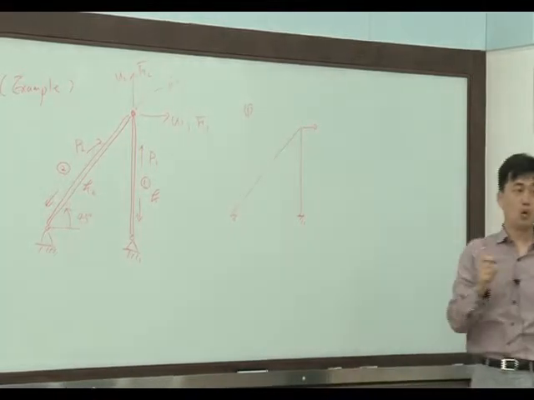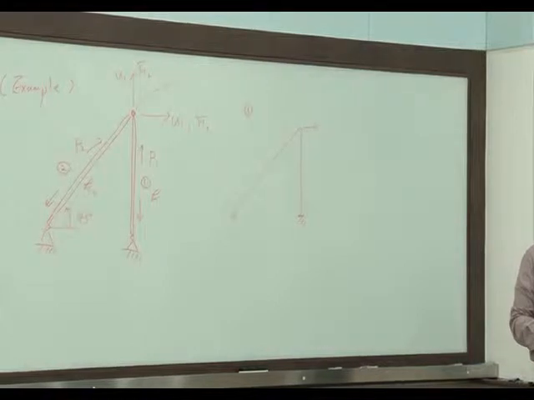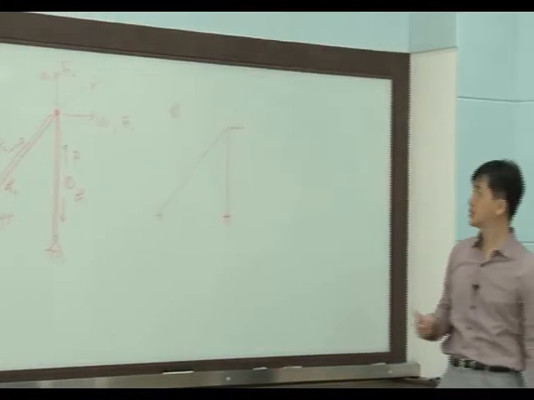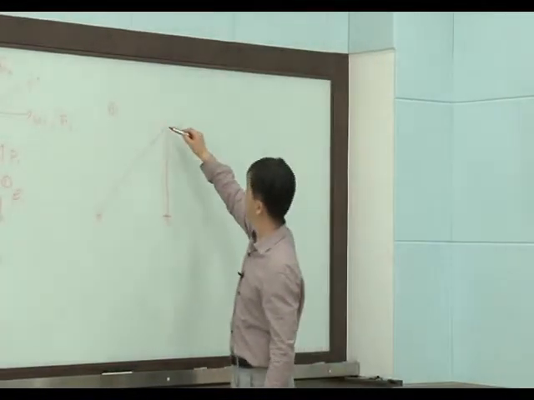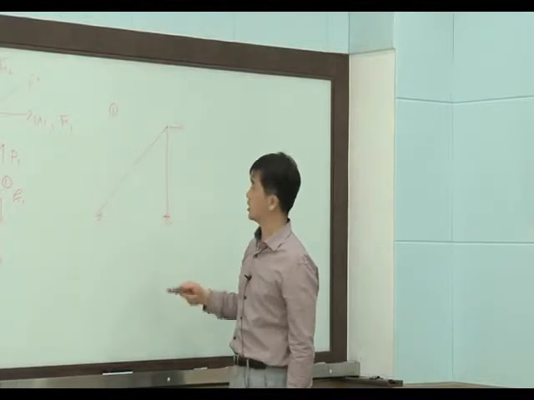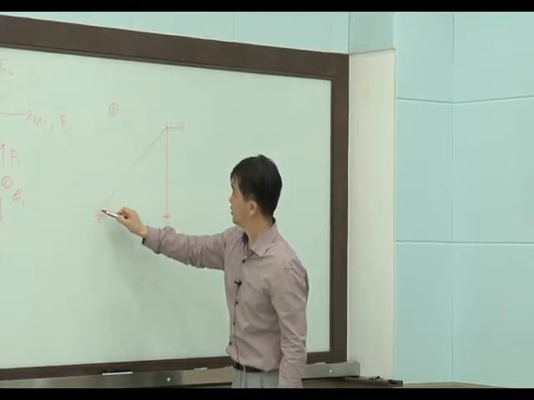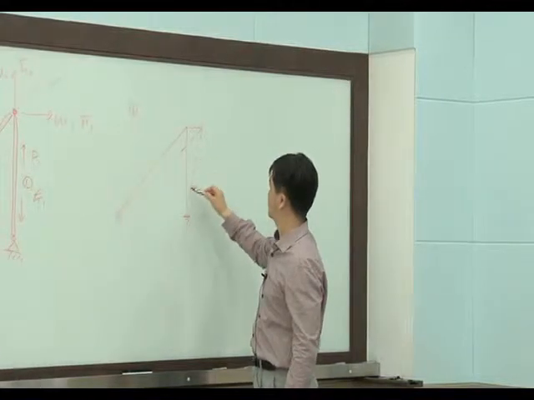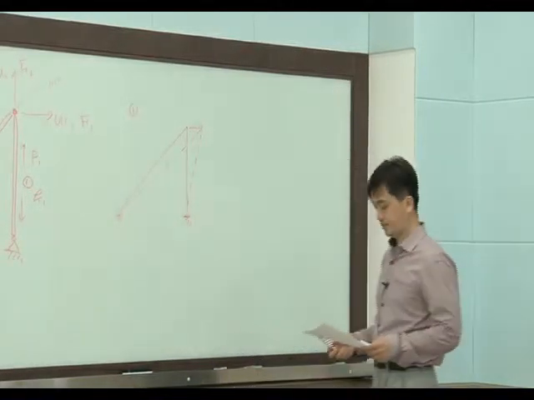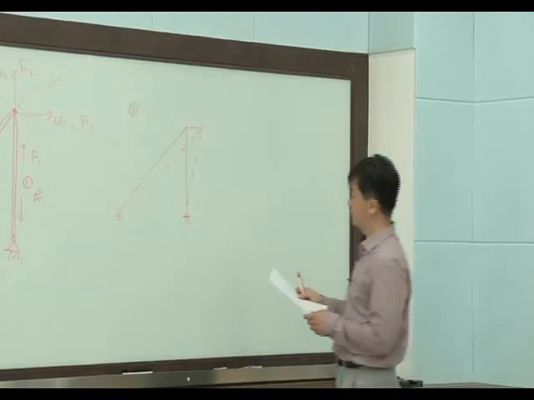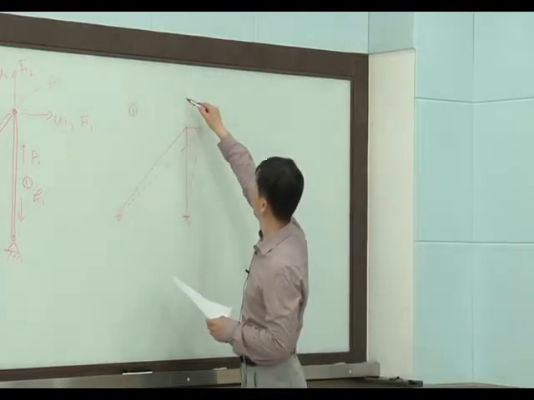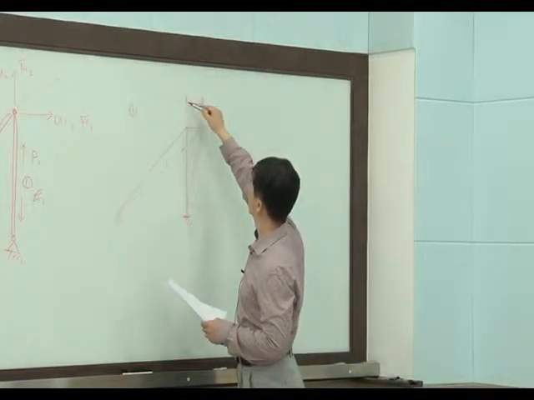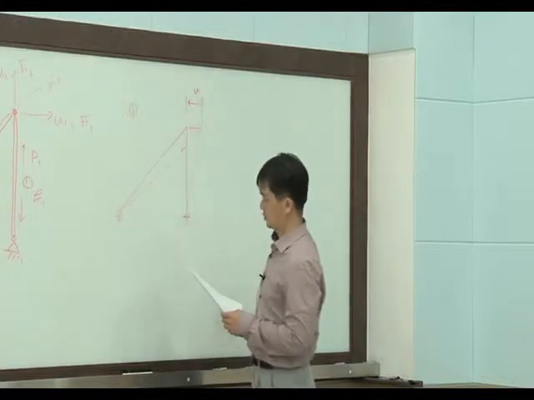We have only displacement in the x direction. This pin moves in the x direction, and this will be the deformed shape. Let's say this is U1, this amount of U1.